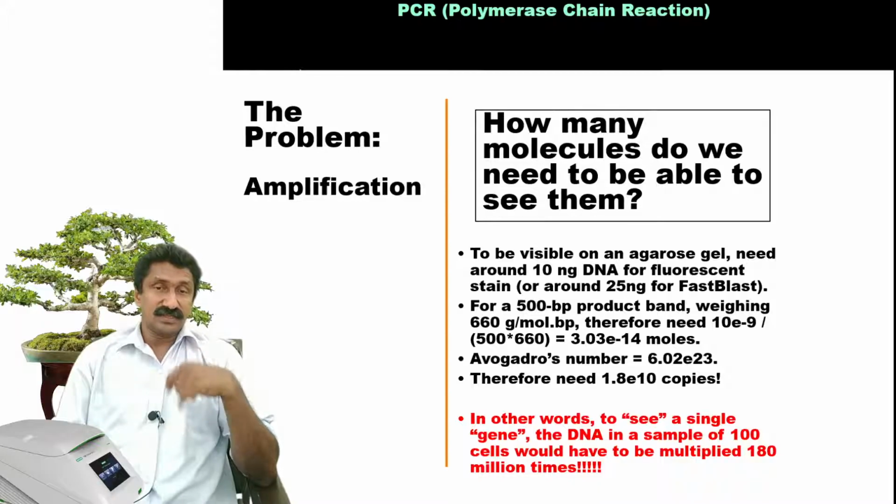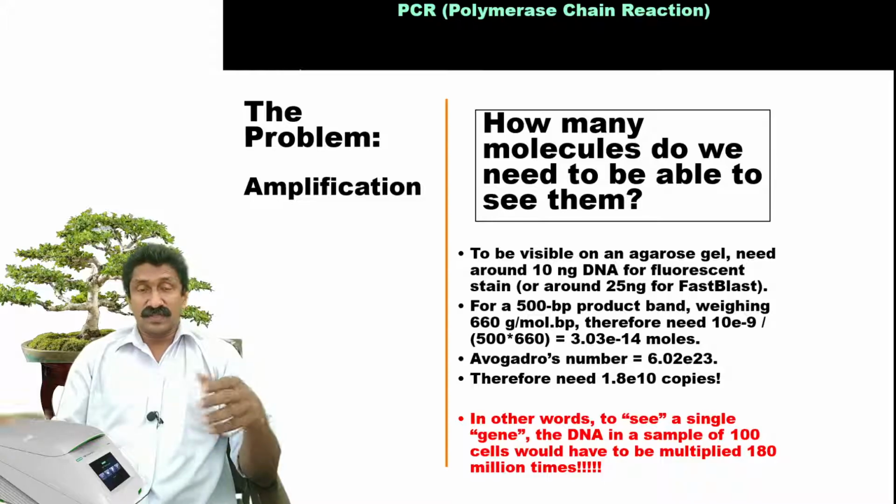That is, 10 nanogram or 25 nanogram. To reach that quantity, you require about 1.8 x 10^10 copies of the DNA.